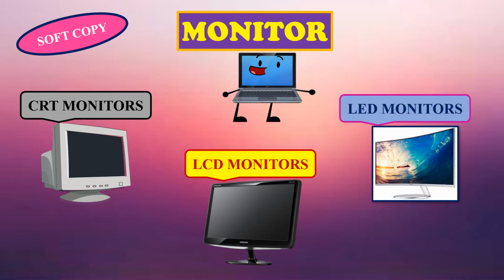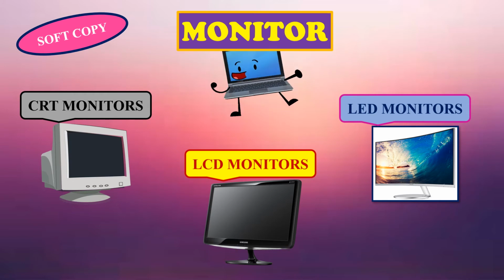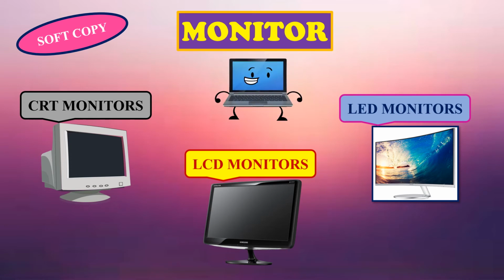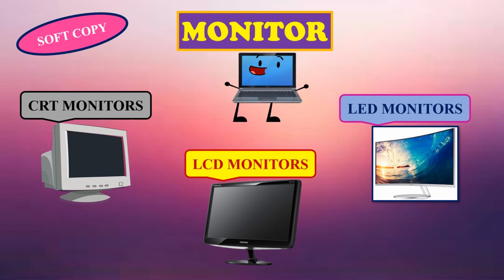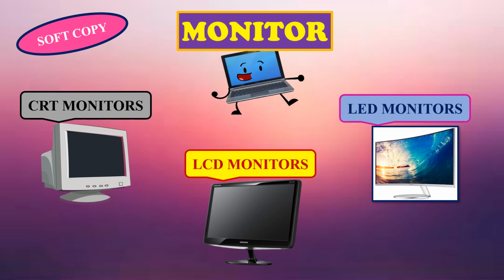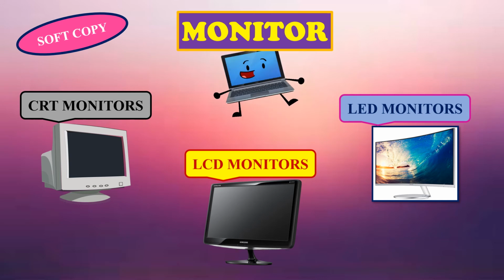Third type is the LED monitors. LED stands for light emitting diode. These LED monitors have better display. They are thinner and lighter in weight, and these monitors consume 40% of the power than the LCD monitors. So these monitors are in maximum use nowadays.